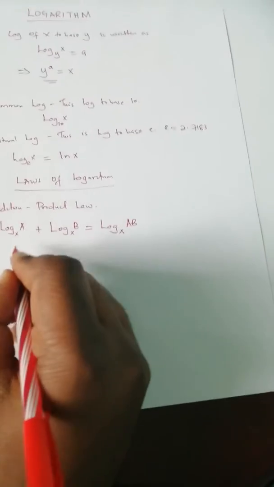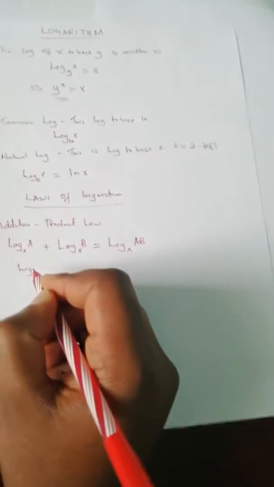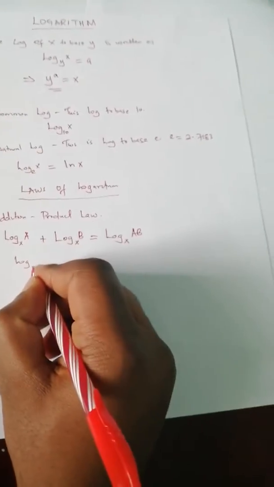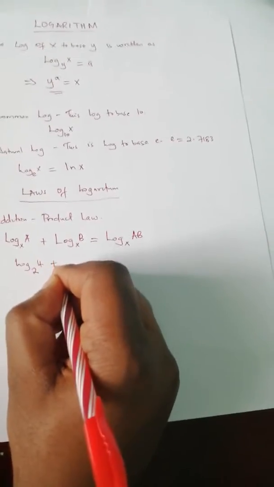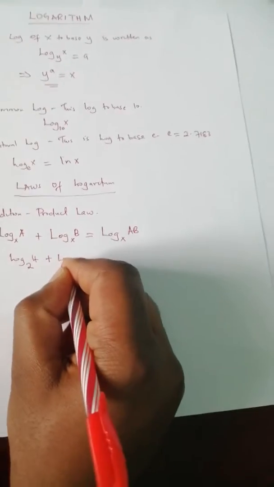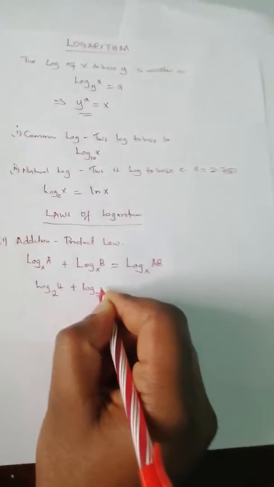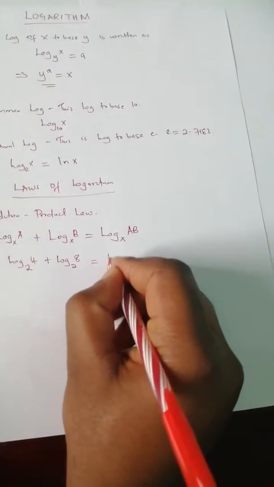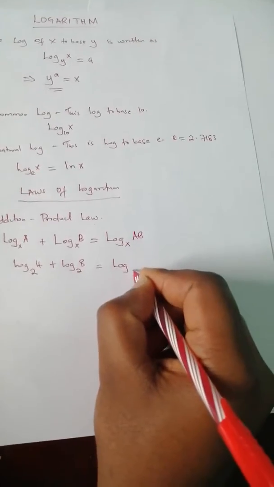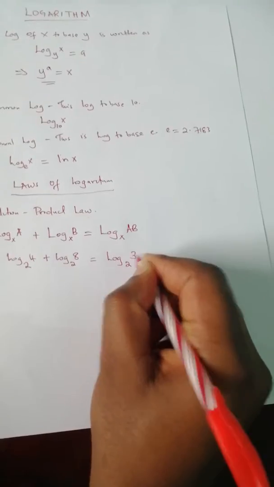Let's say, for example, log to base 2 of 4 plus log to base 2 of 8. This is just the same as log to base 2 of 32.